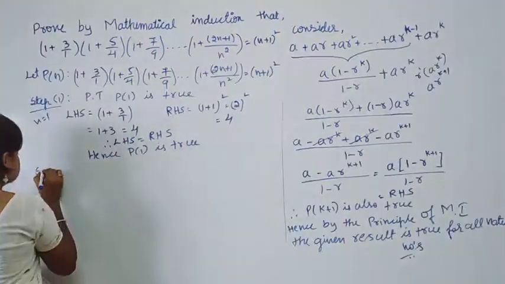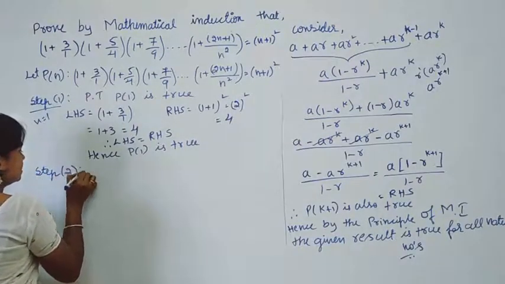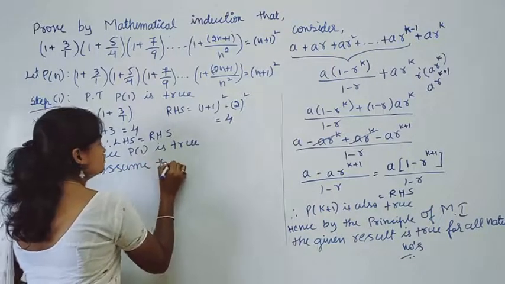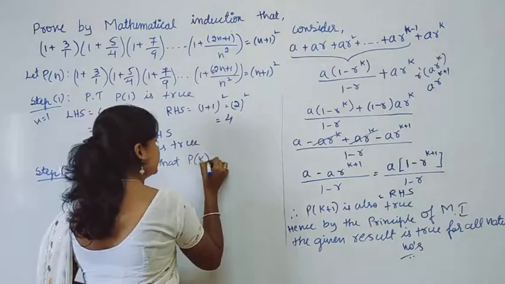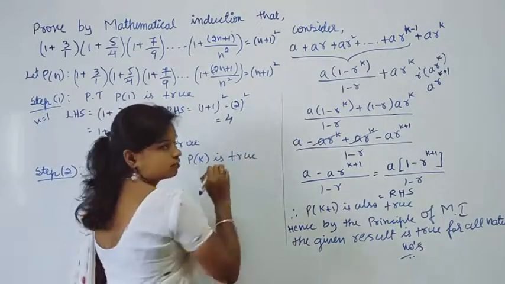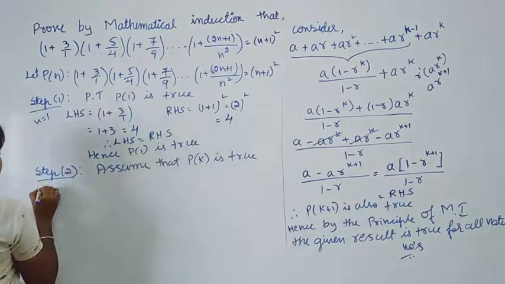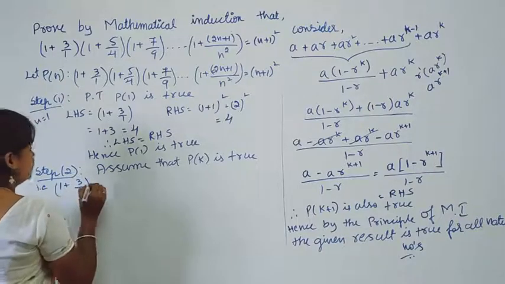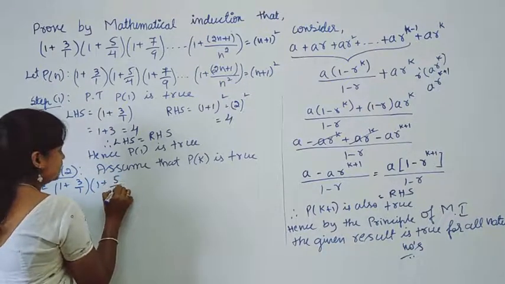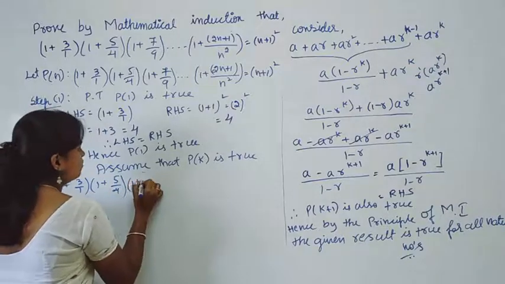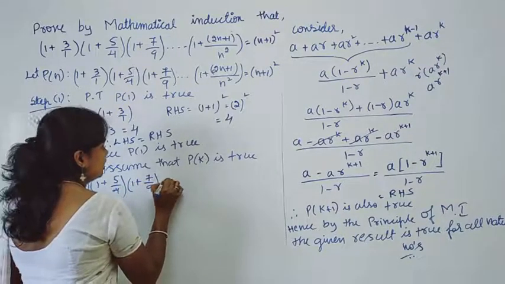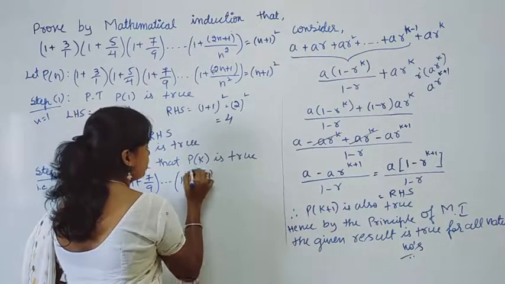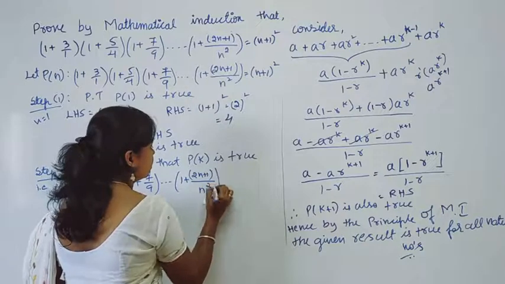So next, step 2, that is, assume that P(k) is true. Okay, then the statement becomes what? That is, (1 + 3/1)(1 + 5/4)(1 + 7/9)... (1 + (2k+1)/k²) is equal to (k + 1)².